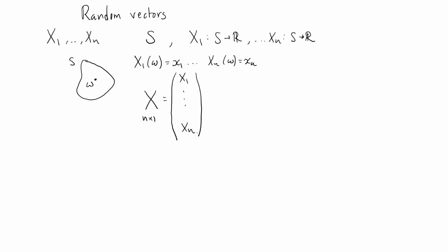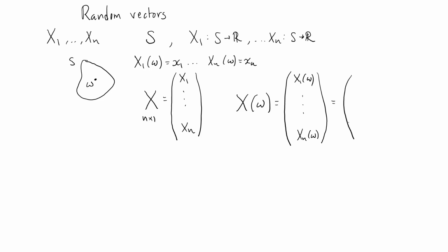If omega is one of the outcomes in the sample space, then capital X of omega is defined as evaluating each of these functions at omega: x1 of omega through xn of omega. So X of omega will simply be x1 through xn, and this is an n by 1 vector of numbers.